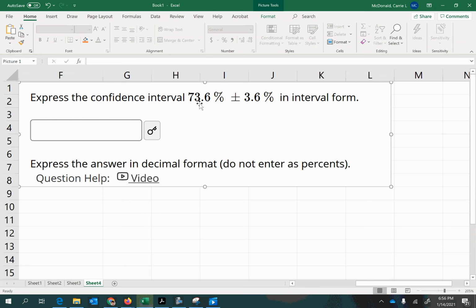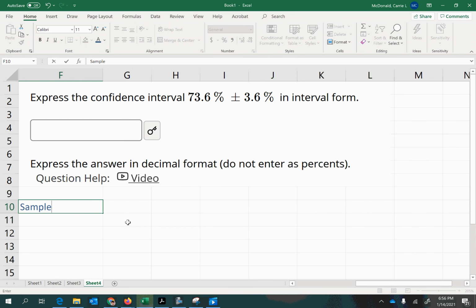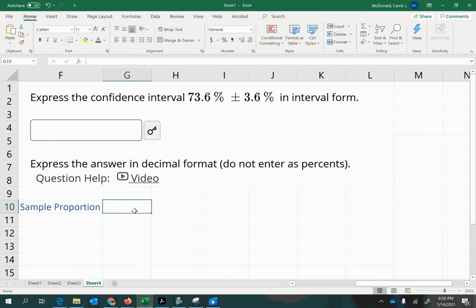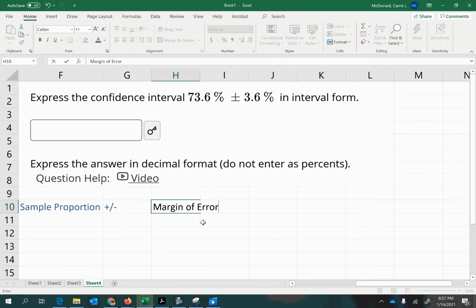So the form it's in right now is sample proportion, or your best point estimate, plus or minus the margin of error. If you take the sample proportion, add and subtract the margin of error, you'll get your confidence interval boundaries.